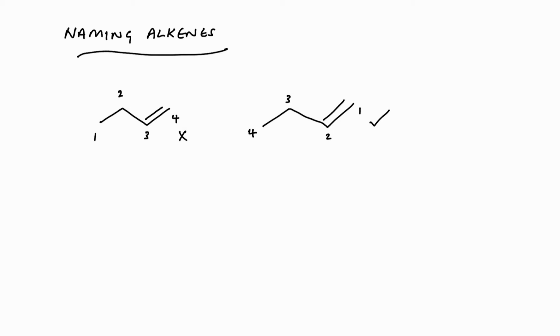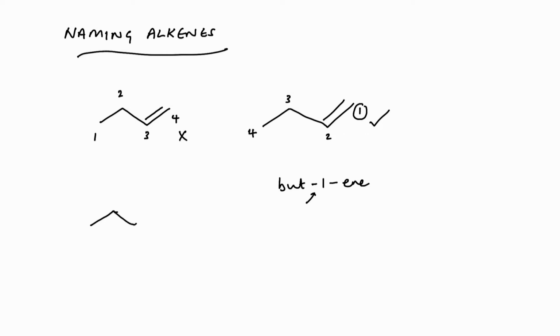In terms of naming it, 4 carbons is bute. The double bond starts on carbon number 1, 1-ene, bute-1-ene. Note that we've got hyphens between our letters and our numbers.